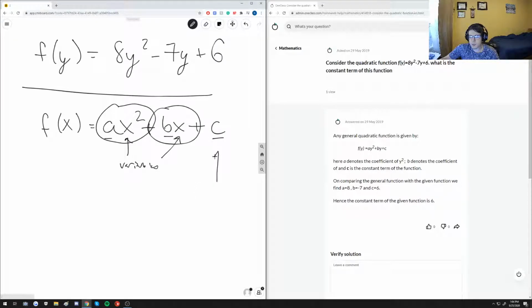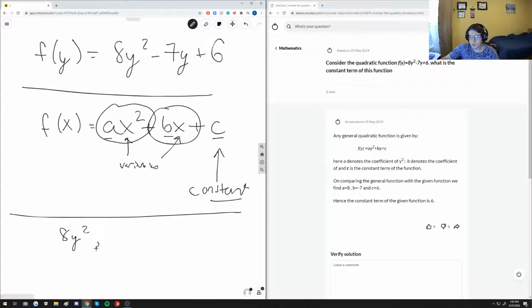However, if we look at c over here, c will always take the same value no matter what the value of x is. It is not dependent on x. So for that reason, we call c our constant.